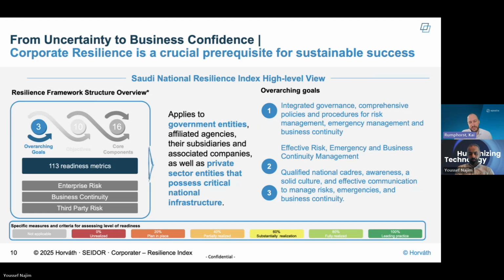So what we've done here is we developed an assessment, and that tells you in the end how mature you are in the matter of the Saudi National Resilience Index. Each question or metric has a variety of options to answer it. You can see them on the bottom, and in the end you get an ultimate rating, which is called the level of readiness.